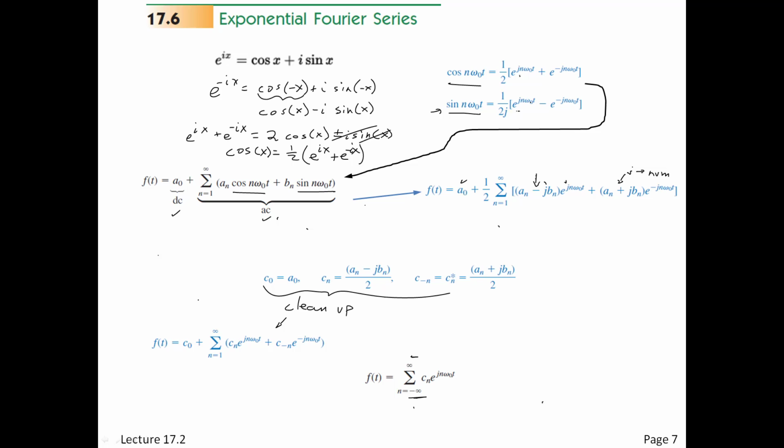It's basically just going to include the DC term in a nice, tidy, simplistic fashion here. So we can go about getting our various C's as combinations of A and B, but we can also get them in this way directly from the integral terms right at the start, in the same way we got A and B back in the beginning.